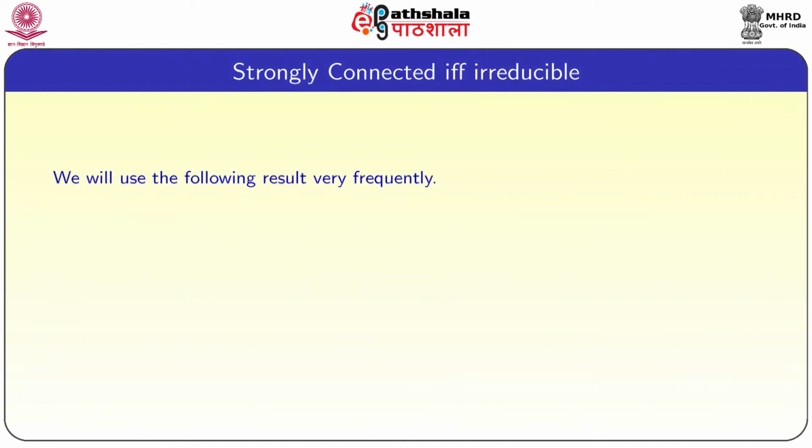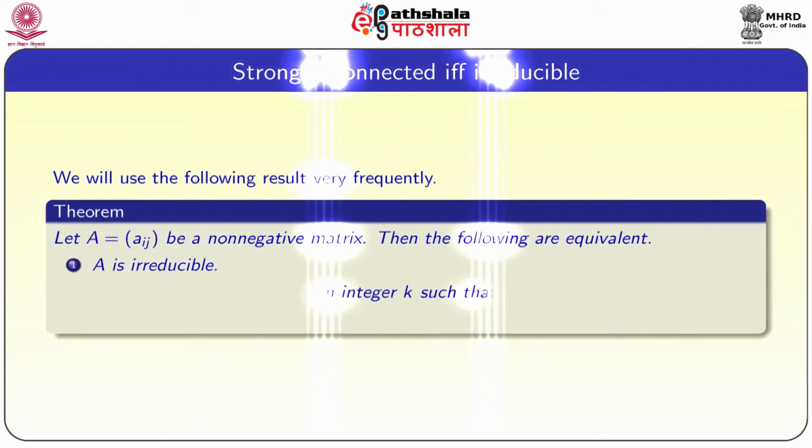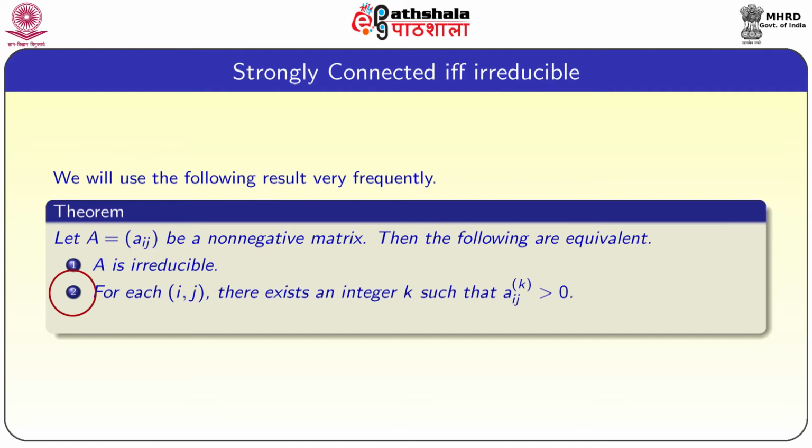Now, we are going to give an important result which relates irreducible matrices with a property of a graph, that is, the graph should be strongly connected. We will use the following result very frequently. Theorem: let A equal to (Aij) be a non-negative matrix, then the following are equivalent. First, A is irreducible. Second, for each i, j there exists an integer k such that (A^k)ij is greater than 0.